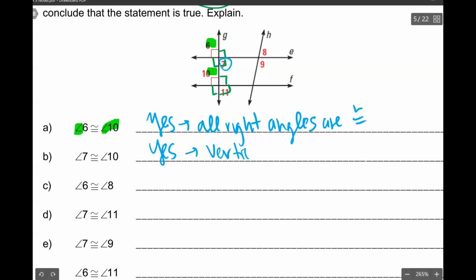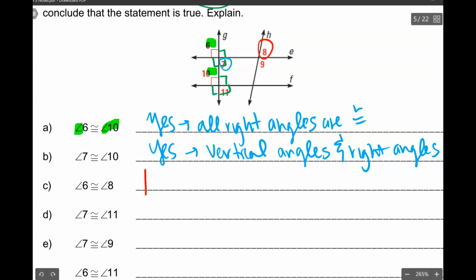You could talk about how 7 and 6 are vertical angles. They're across from each other. They're both 90 degrees. And then because 6 is congruent to 7 and 6 is congruent to 10, 7 and 10 are congruent to each other. 6 and 8. 8's over here.